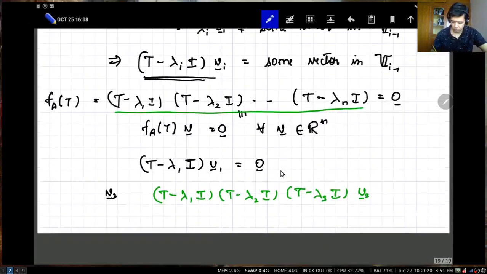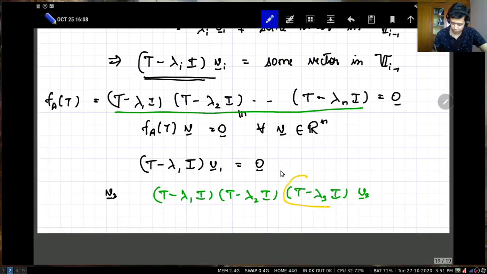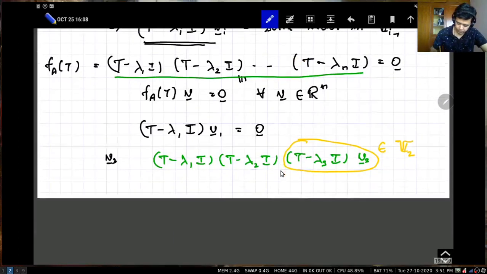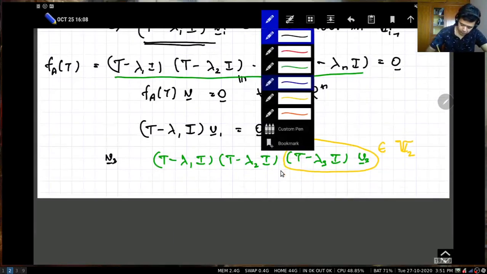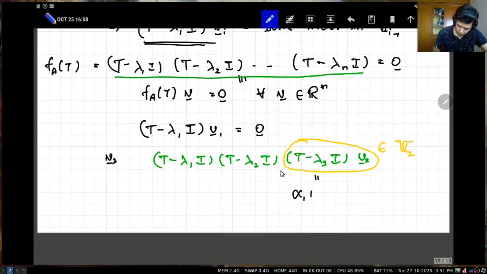So we know that this quantity lies in V2, and therefore we can write this as some alpha 1 times v1 plus alpha 2 times v2.